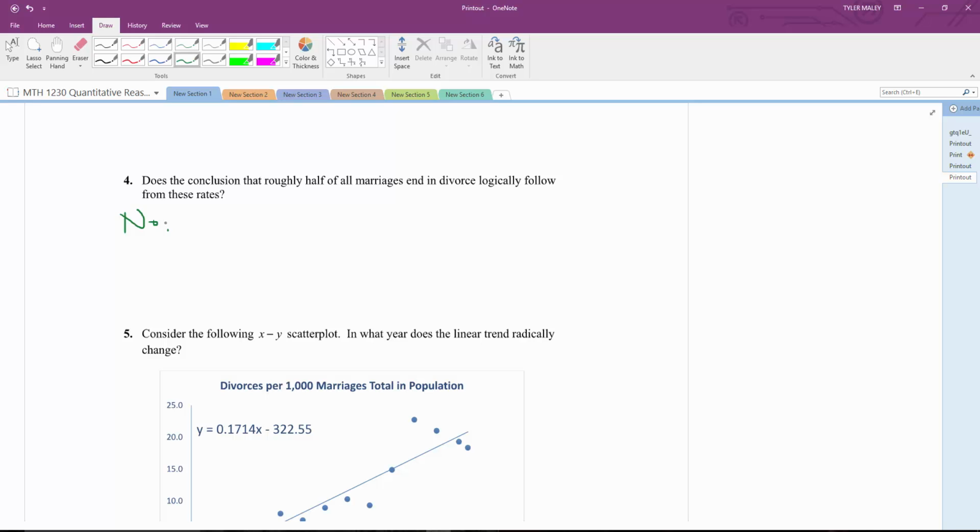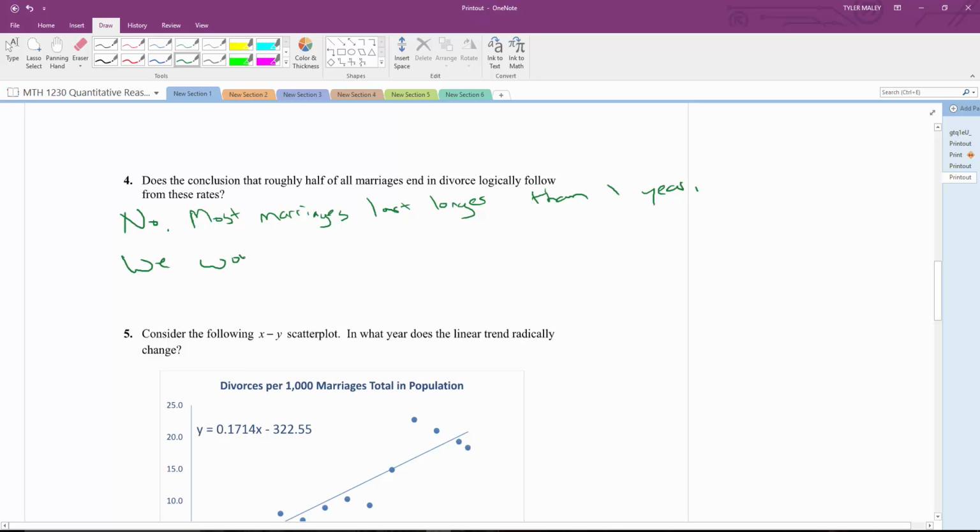Because it doesn't really make sense that newlyweds would get divorced within a year. That doesn't seem practical. So we could say no. Most marriages last longer than 1 year, so it doesn't make sense to compare those.